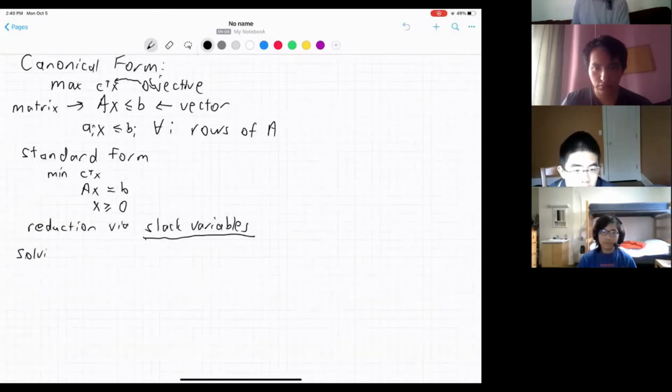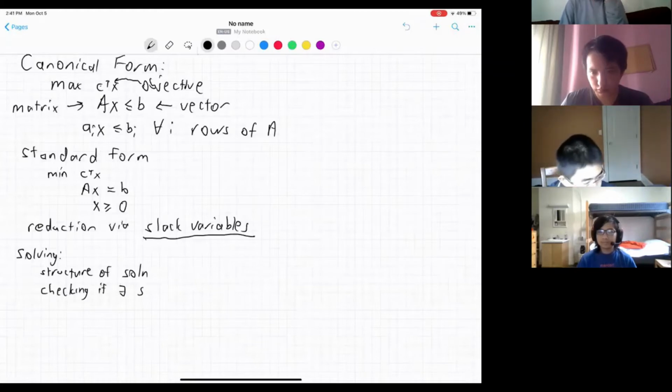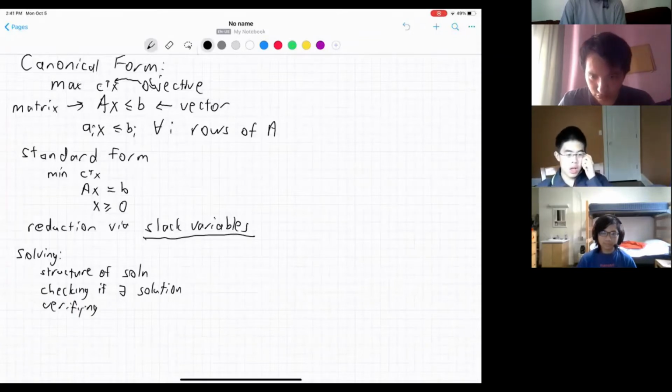But as I sketched out last time, we're not going to do that all at once. First, we're going to start talking about the structure of the solution and checking if there exists a solution. And also verifying that there's no solution.